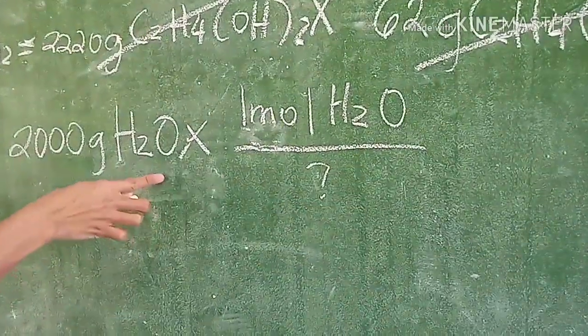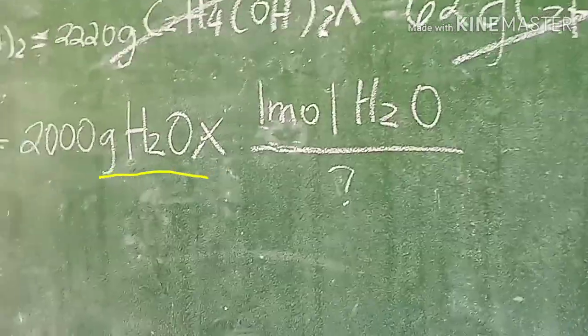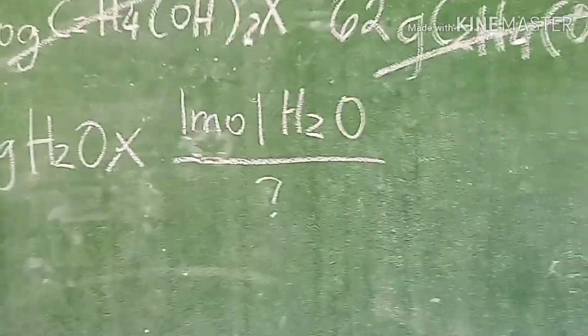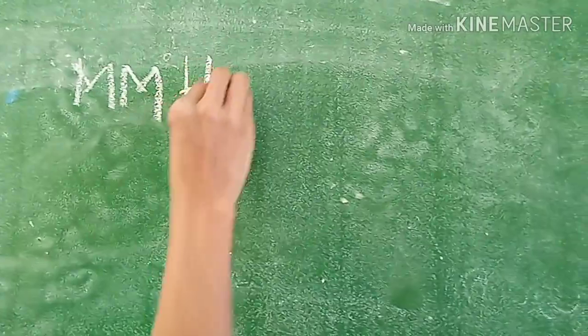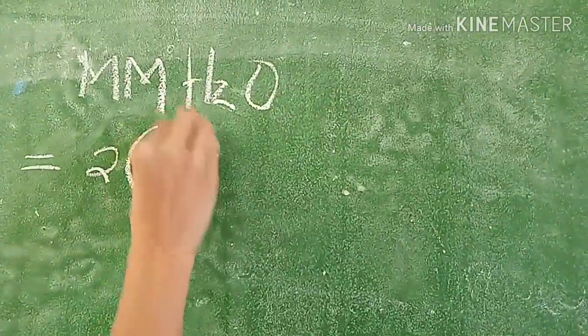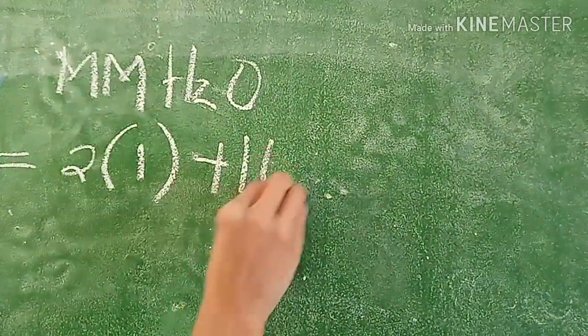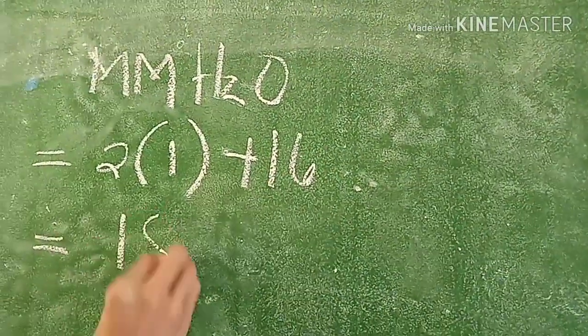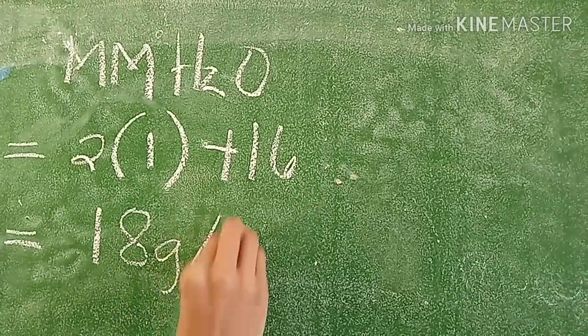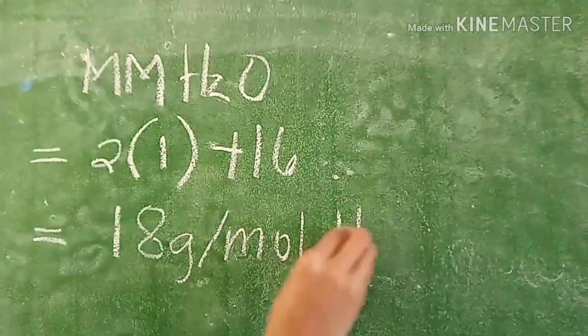So we need to find the molar mass of H2O. The molecular weight of H2O is equal to 1 times 2 plus 16, so we get a result of 18 grams per mole of H2O.